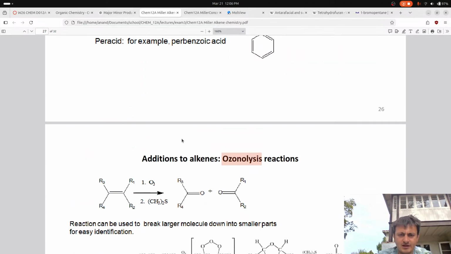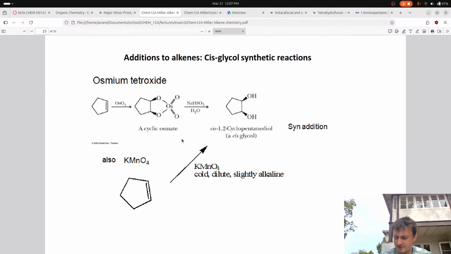Okay, so that's it. So let's go back to the osmium tetroxide thing.